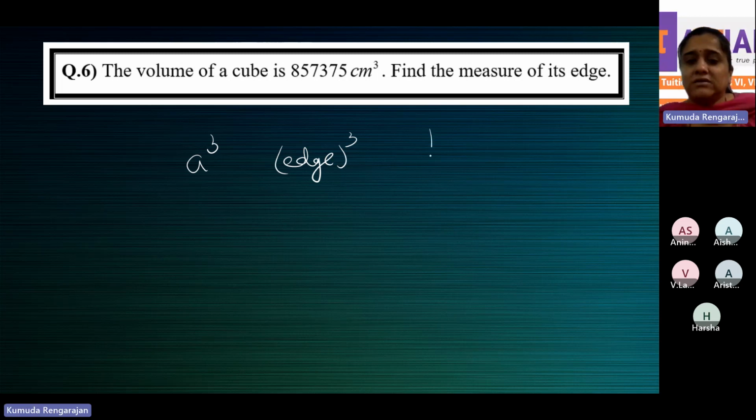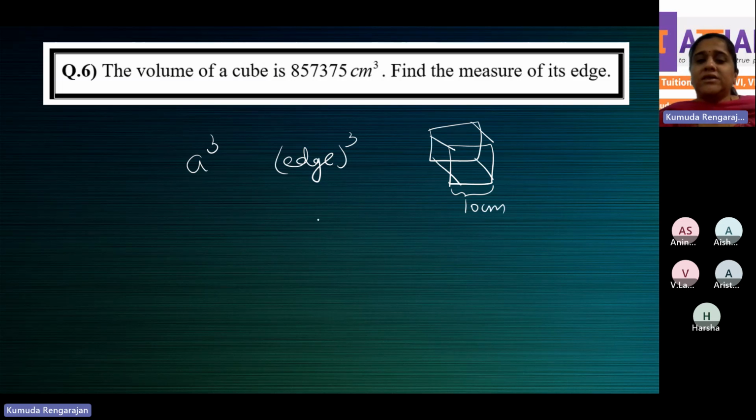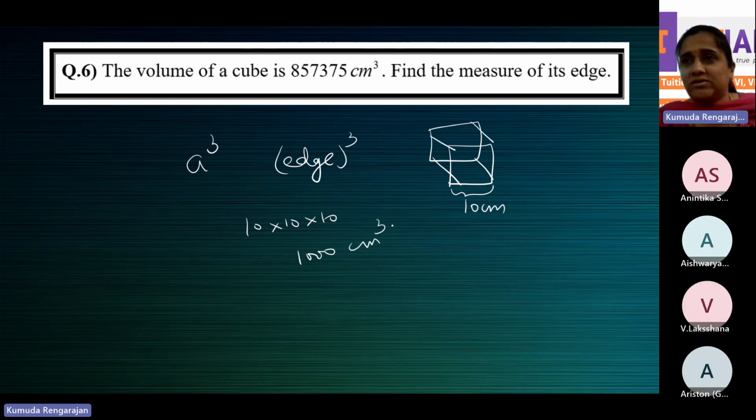If this is the edge, and it is 10 centimeters, then the volume of the cube is 10 into 10 into 10, 1000 centimeter cubed. Volume is expressed in cubic units.